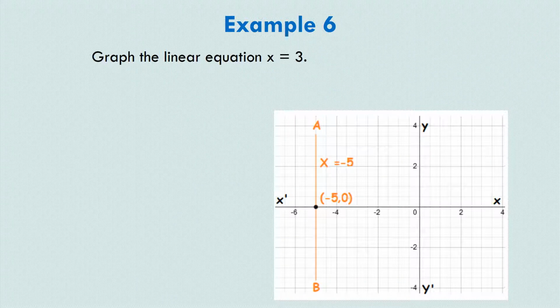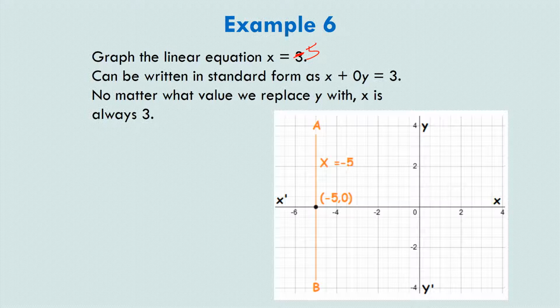Now, x on the other hand, let's say I had x equals negative 5. And when we have x equals negative 5, that means no matter what I plug in for y, x is going to still be negative 5.